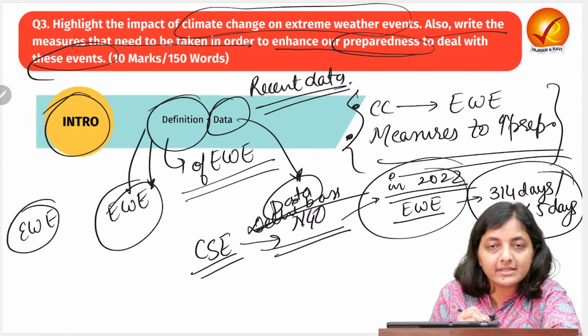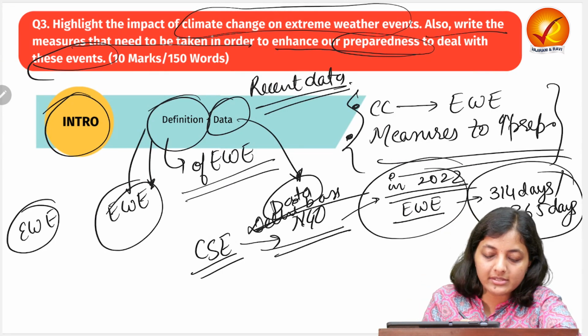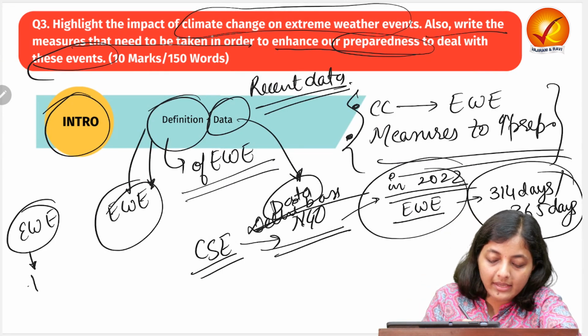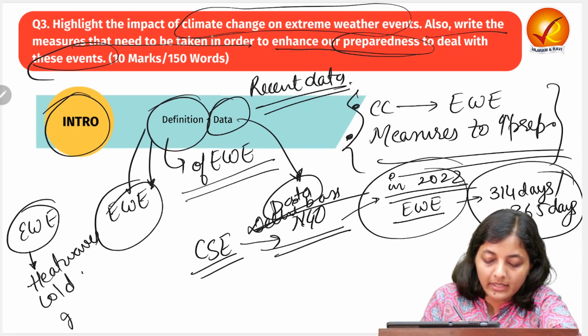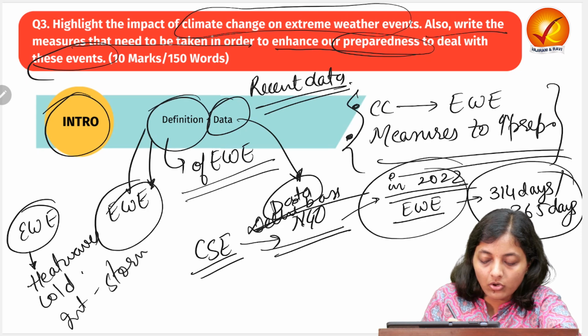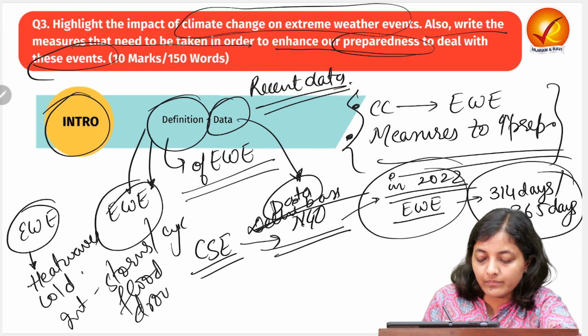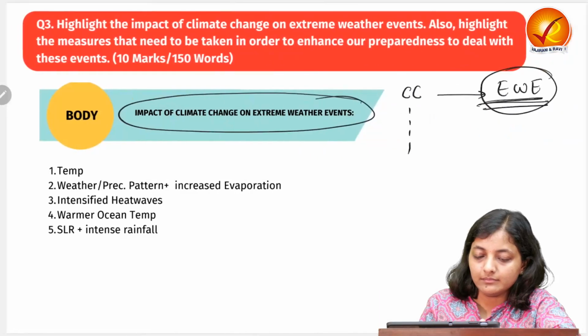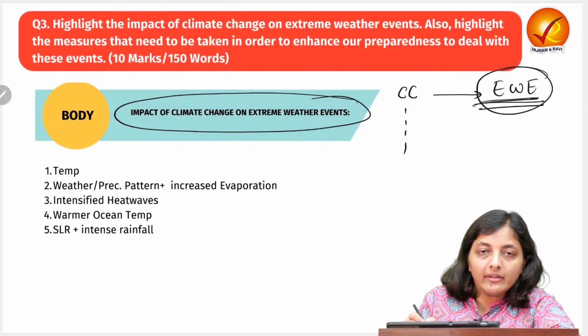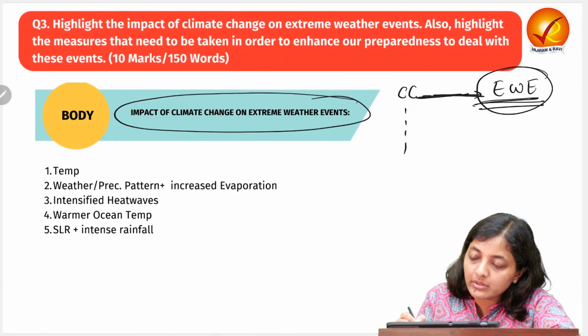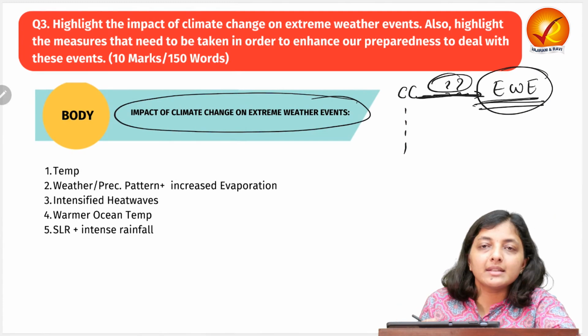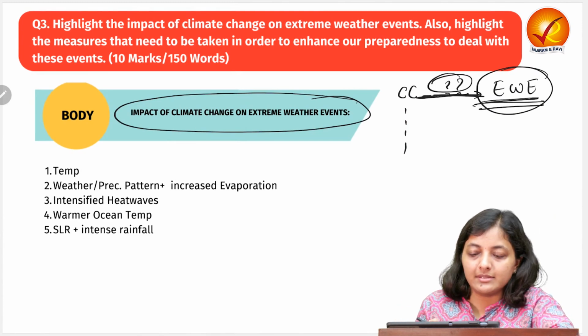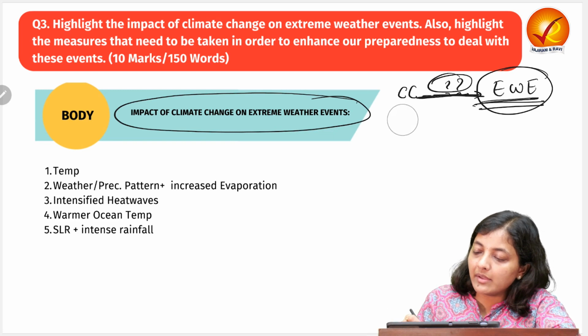In the introduction itself, you can write about extreme weather events as examples, like severe heat waves, cold waves, intensified storms or cyclones, floods, droughts. These are some extreme weather events. So in the body, we have to connect how climate change is impacting these events. So we'll see one by one.